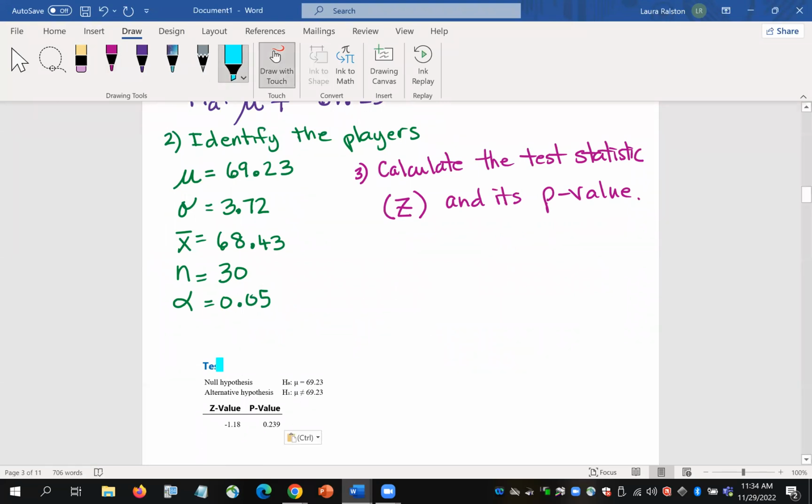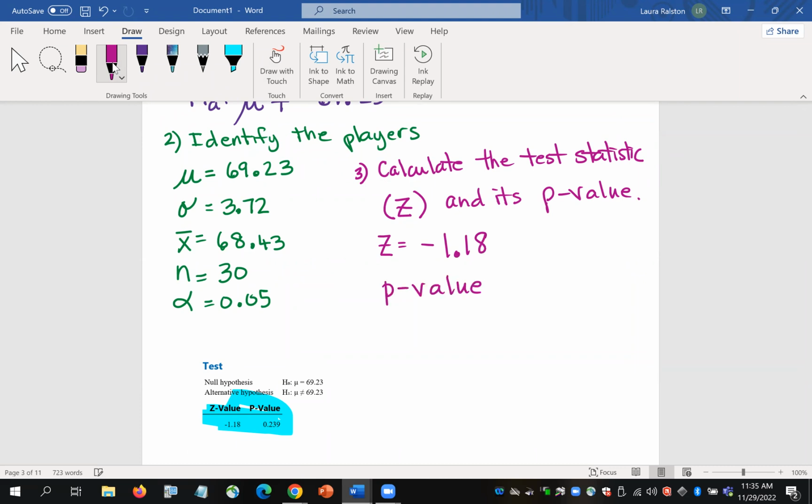Okay, so from this table, we see our Z value and our p-value. So I can see that Z is negative 1.18 and my p-value is 0.239.